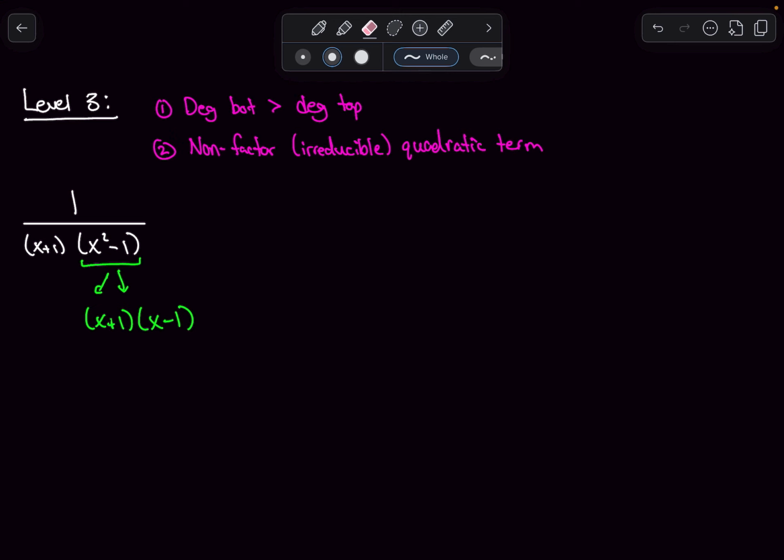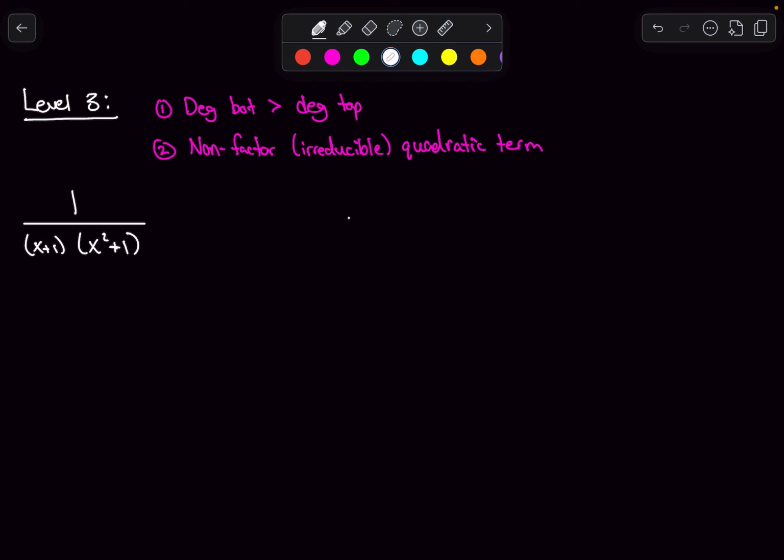You can factor a lot of different quadratics into linear terms. Every quadratic we can plug into the quadratic formula and figure out if we can actually turn it into linear terms or not. But an example of one that is irreducible, one that we can't do that with, would be if I put a plus sign in between there.